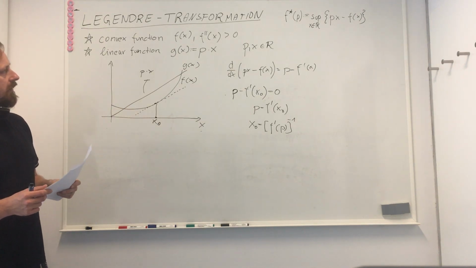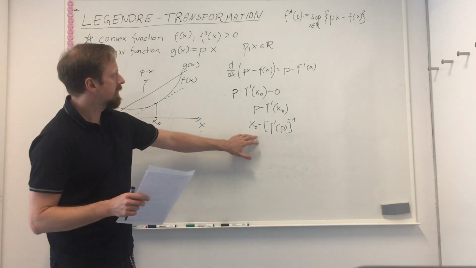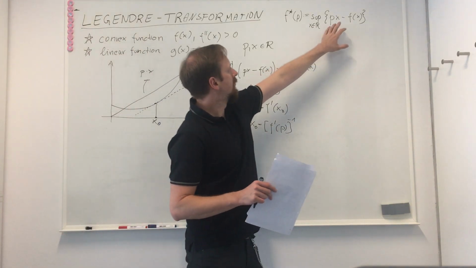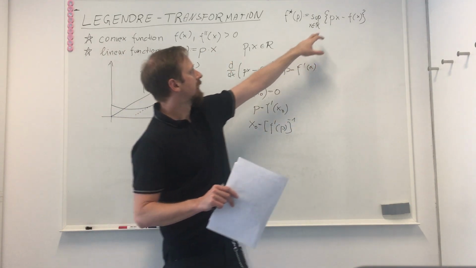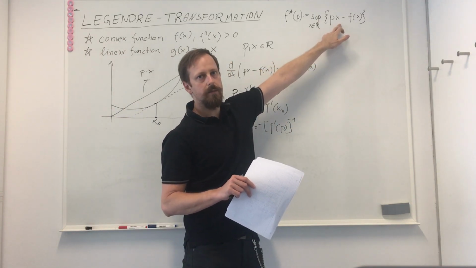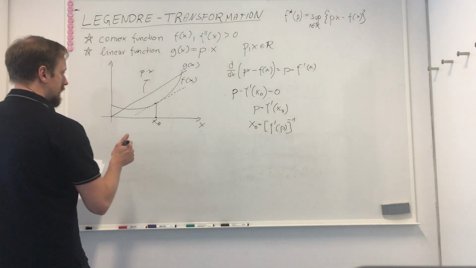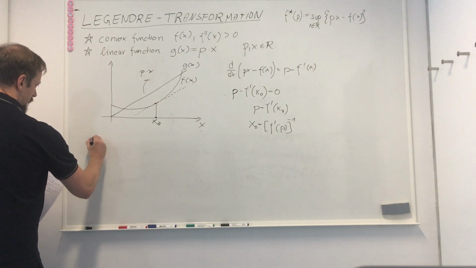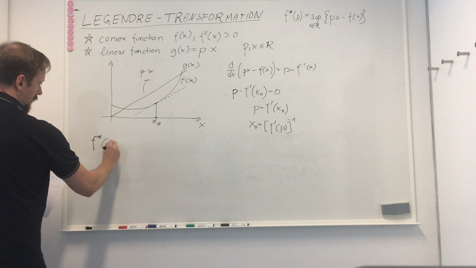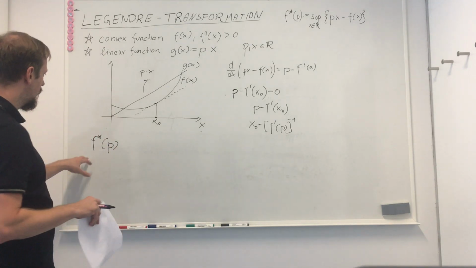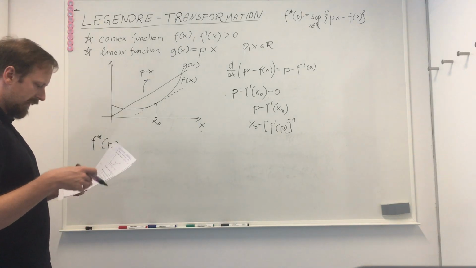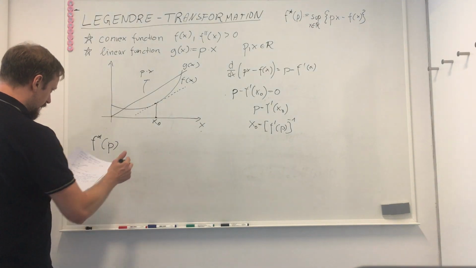So now, after having found x naught, we can plug it in here, because we know at x naught this expression within the brackets is maximized. So let's do this. So f star is a function of p, for a given p, in our case it can be any real number, and p belongs to the real numbers.